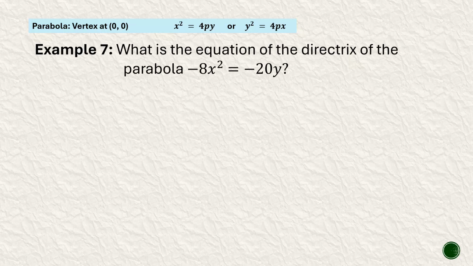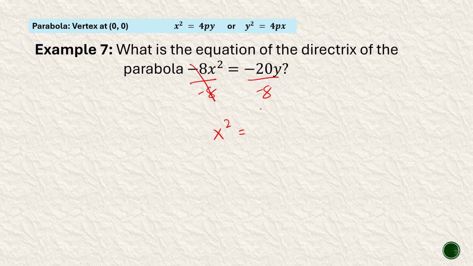Let's answer problem number 7. Here we need to find the equation of the directrix of negative 8x squared equals negative 20y. First thing we need to do is transform this into the standard form. We need to divide both sides by negative 8. After that, this will be x squared equals positive 20 over 8, which simplifies to 10 over 4, and we can still divide that by 2.